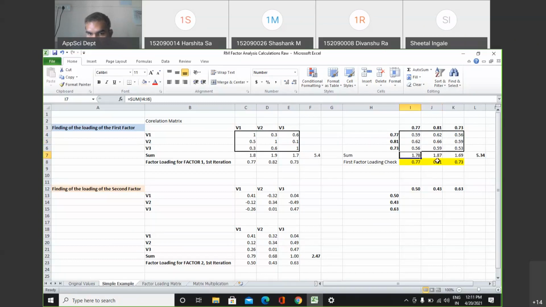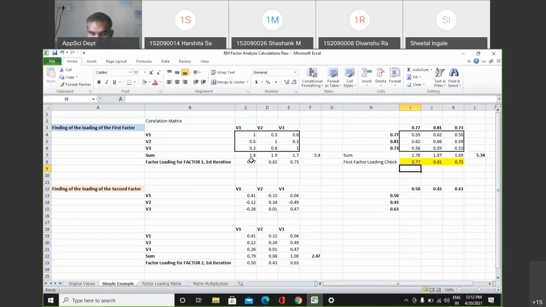Then we repeat the same process as we did with this matrix. That is the sum of all the values in the column, then a grand sum. And again, to check the factor loading is correct, we do similarly. Here we have divided 1.78 by the square root of this 5.34.